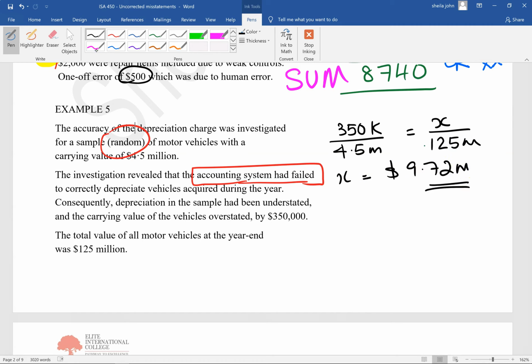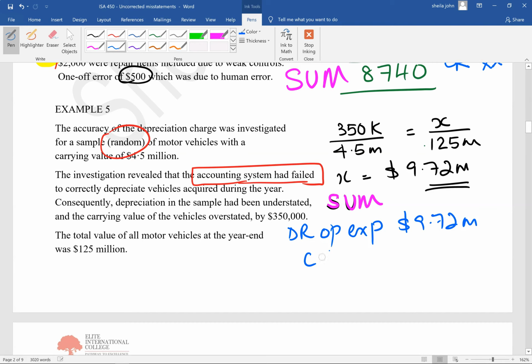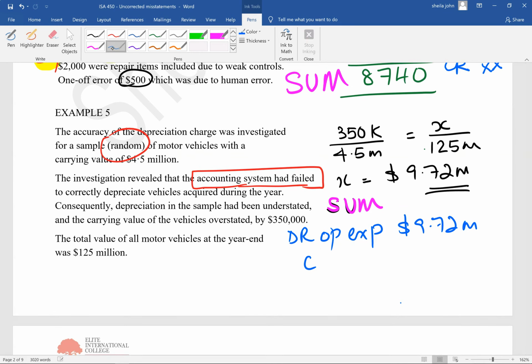And that amount is going to go to the summary of uncorrected misstatements. And how would you do the accounting entry? The entry would be to debit operating expenses, specifically depreciation, 9.72 million, and credit accumulated depreciation with the same amount. All right, and that's simple.